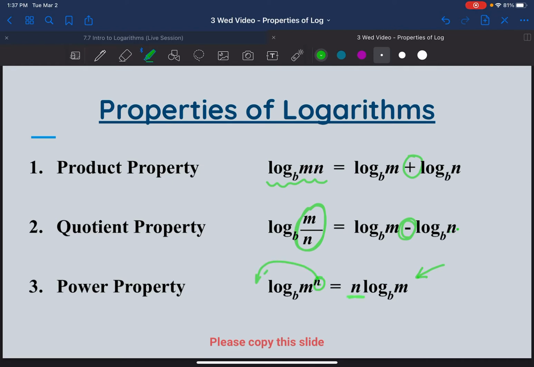So n is in front of the log, and everything else stays the same. You just bring the power in front of the log.